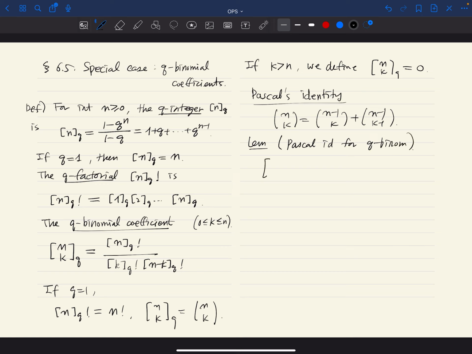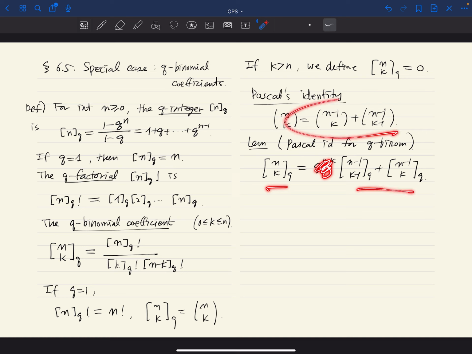It's quite similar, but slightly different: Q to the n minus k times n minus 1, k minus 1, plus n minus 1, k. If q equals 1, the power of q disappears, so it's exactly like Pascal's identity, but we have some factor like this when q is non-zero.